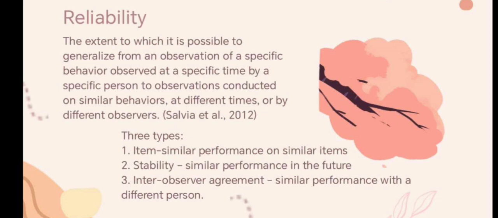In terms of observation or a test, reliability means that if you observe a behavior once, you can expect to see similar behavior in similar situations or at different times, even if someone else is observing. It's about being able to trust that your observations or measurements are consistent.